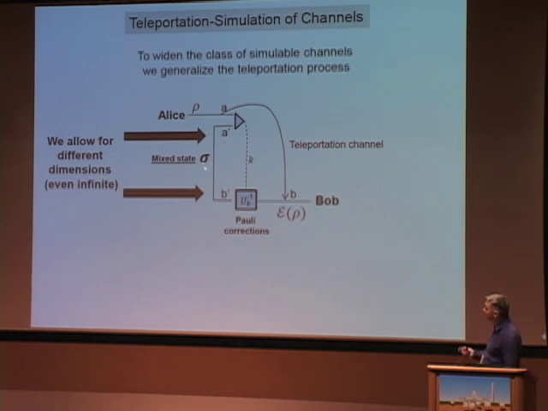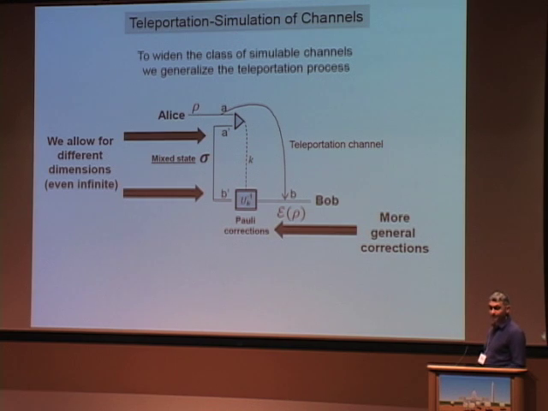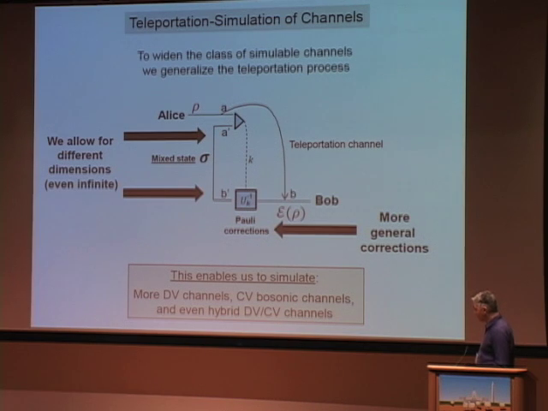So we allow for different dimensions between A prime and B prime, even discrete variables, and also possibly consider continuous variables, so infinite dimension. Because of this modification, you also need to consider more general corrections, not just Pauli corrections. If you do these modifications, then you can simulate many more discrete variable channels.